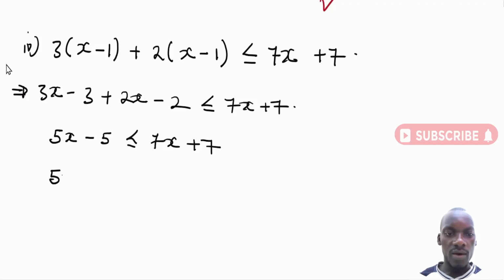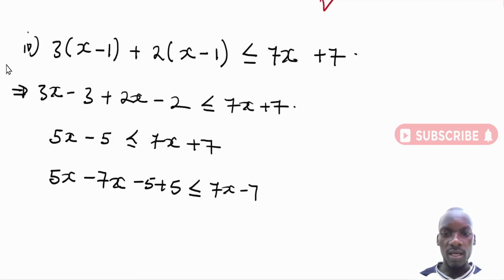We now have 5x minus 7x minus 5 plus 5 is less than or equal to 7x minus 7x plus 7, then plus 5. 5x minus 7x gives us negative 2x being less than or equal to 7 plus 5, that is 12.